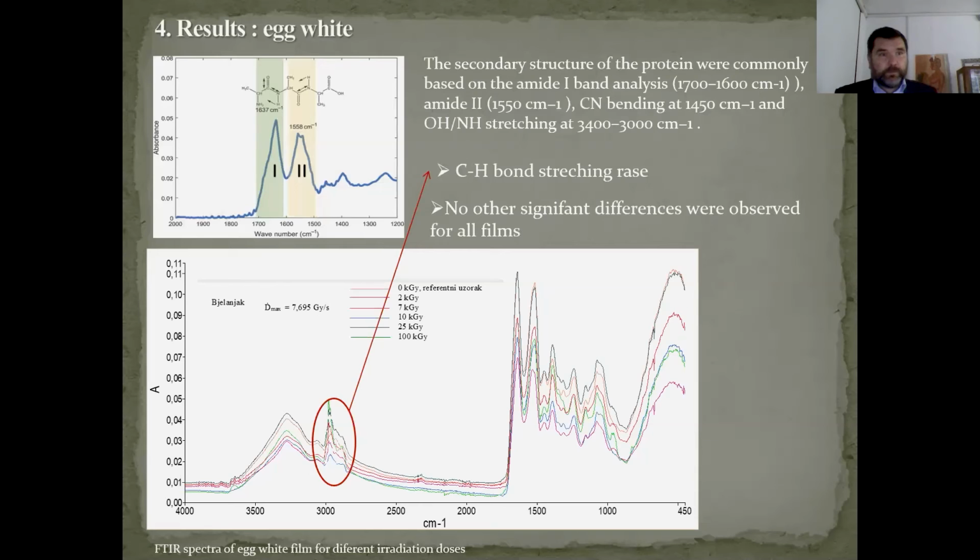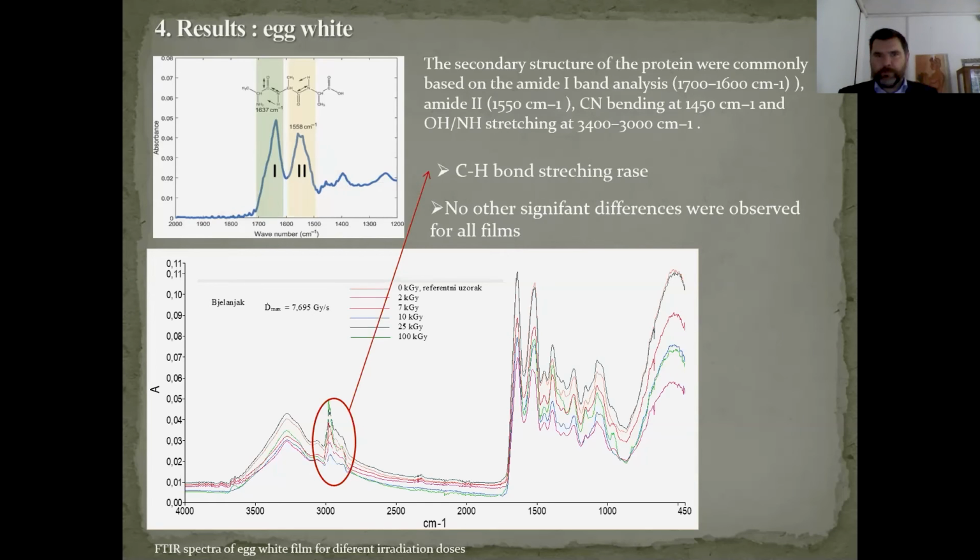This is the infrared ATR spectra of the egg white film for different irradiation doses. We can see that the amide 1 and amide 2 groups are unchanged, and the others also.